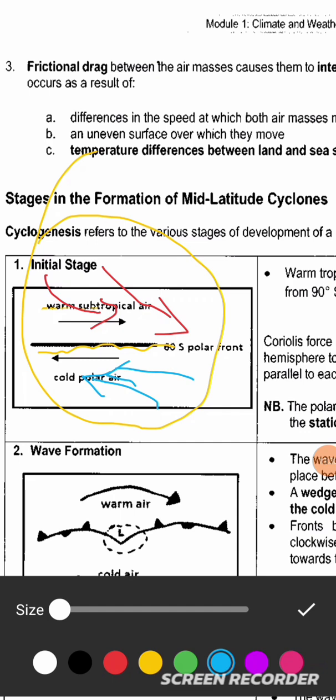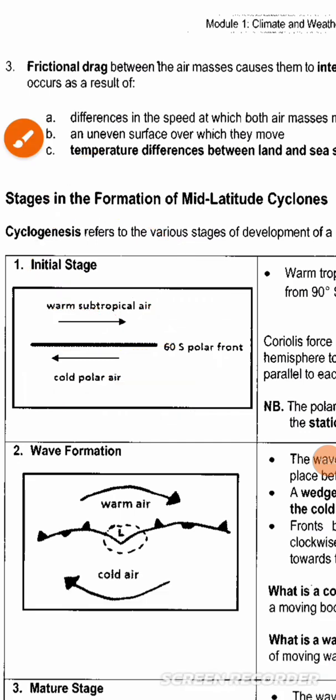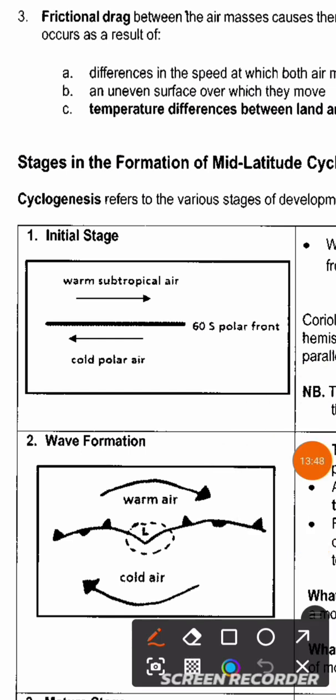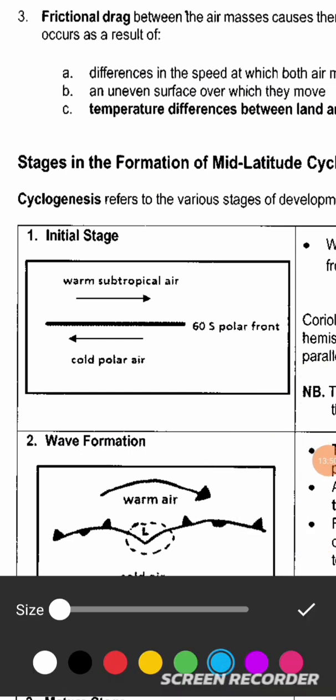And look at this thing, because in the past few years they brought this multiple choice question where you have to indicate whether this is warm air and this is cold air.